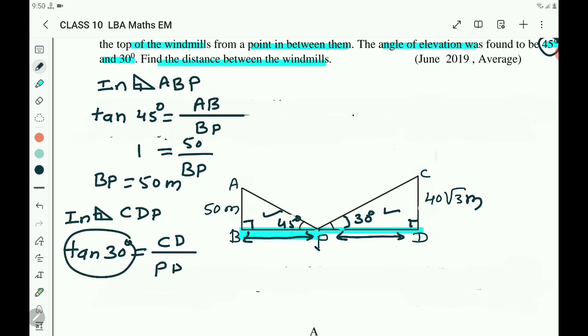What is the value of tan 30? Tan 30 is 1 by root 3 equals CD is 40 root 3 by PD.